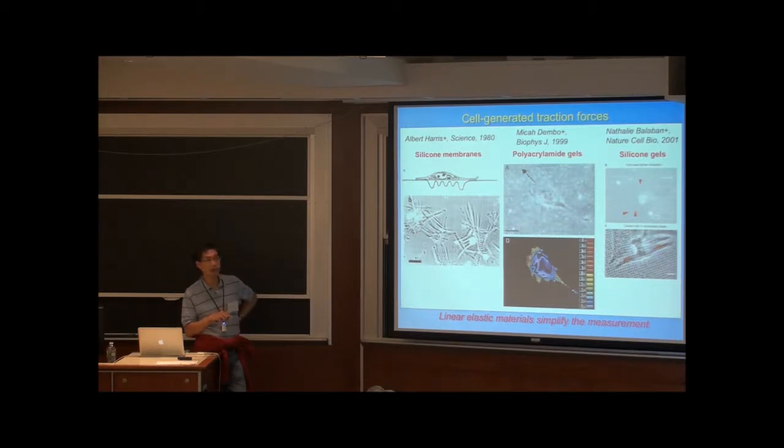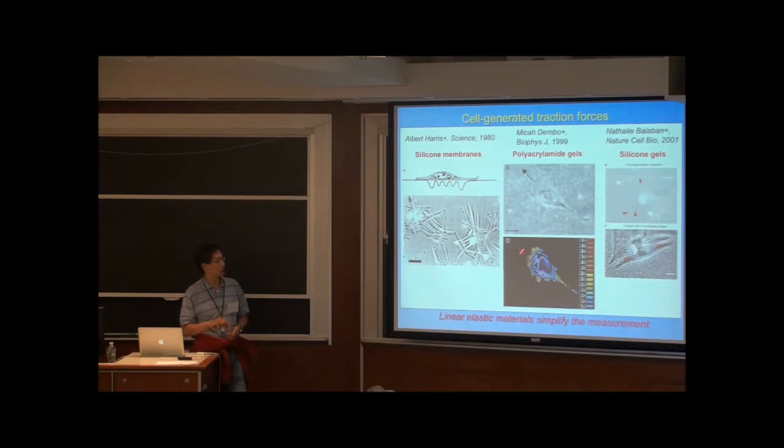Remember, the acrylamide gel is transparent, so you can't really see deformations. So they polymerized the gel with tiny beads embedded throughout the gel. Now you imagine that as the cells are pulling on the surface, the beads would move. And if they tracked those beads, they could look at the deformations of the gel surrounding those beads. Okay, does that make sense?